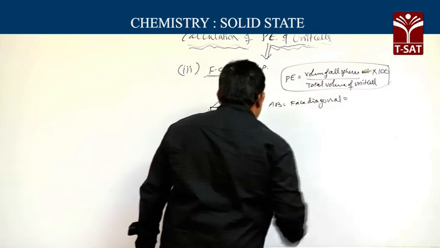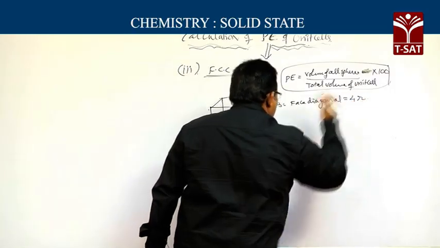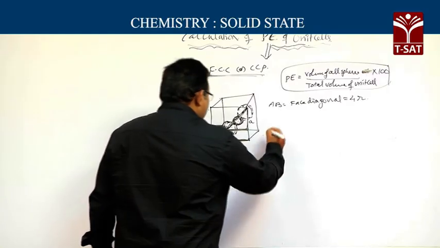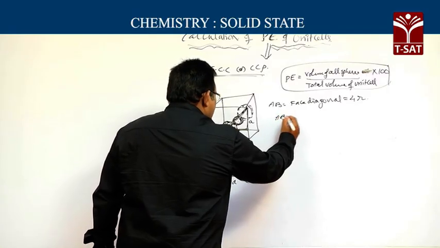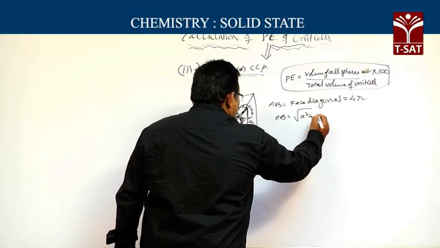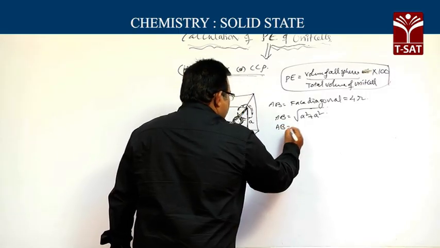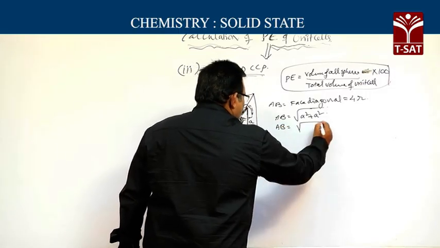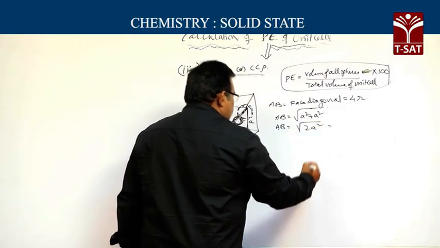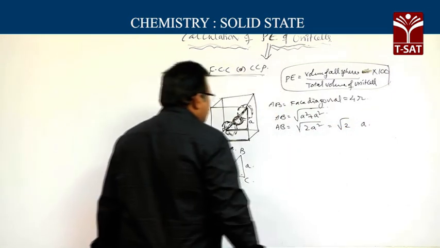That is equal to R, 2R, R, 4R. According to Pythagoras theorem, AB is equal to root of A square plus A square. So, AB is equal to root of 2A square, that is equal to root 2A.